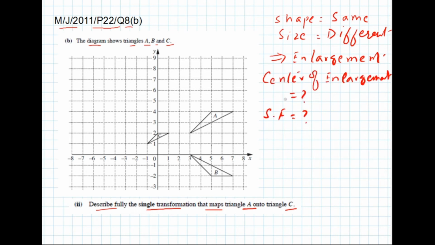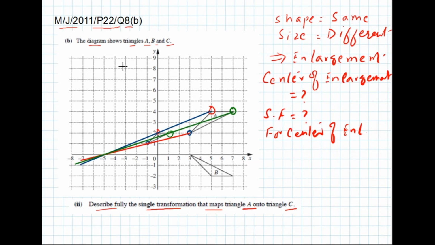For center of enlargement, mark corresponding vertices of both the triangles A and C. Join each pair of vertices and extend them from larger to smaller shape as shown. We get the point of intersection of all lines at -5, 0, and this is the center of enlargement as shown.